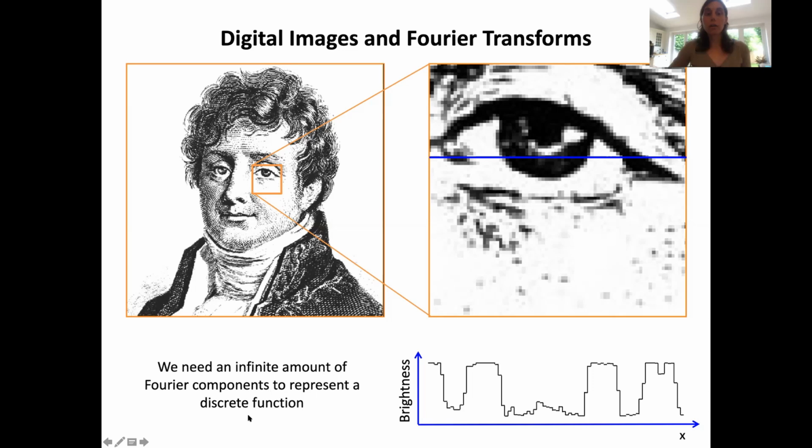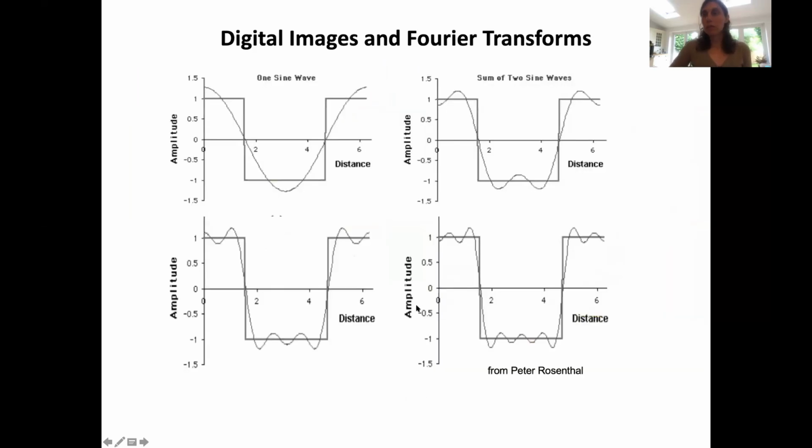Okay, so it can actually be shown that in order to represent a discrete function, we need an infinite amount of sinusoidal components or Fourier components. This can be intuitively understood from this slide, which I actually stole from Peter Rosenthal, where you can see that if this is your function, a hat function, it's a discrete function.